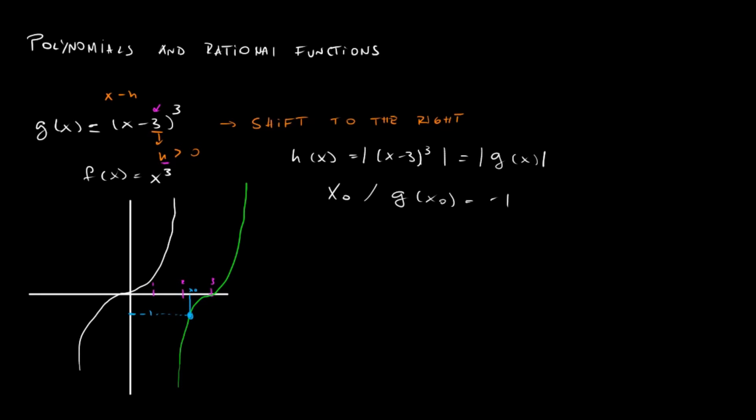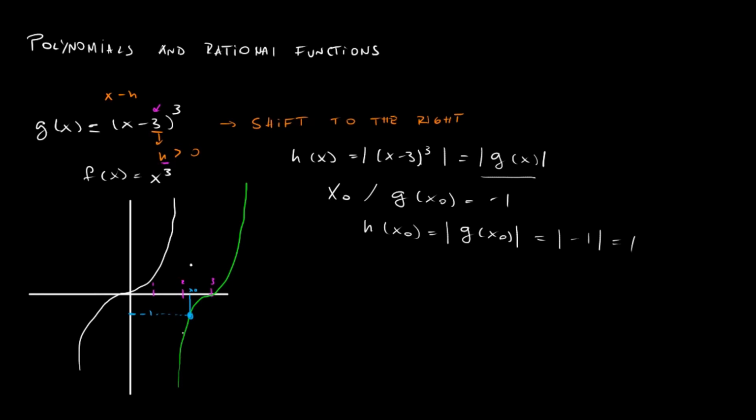Now what h does is, h of x0 will be the absolute value of g of x0. We said that g of x0 was minus 1, so this is the absolute value of minus 1, which equals 1. So what h will do is grab this number and move it to a positive number, 1, to the opposite.